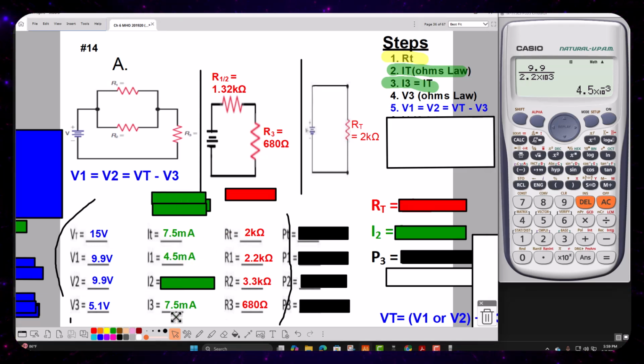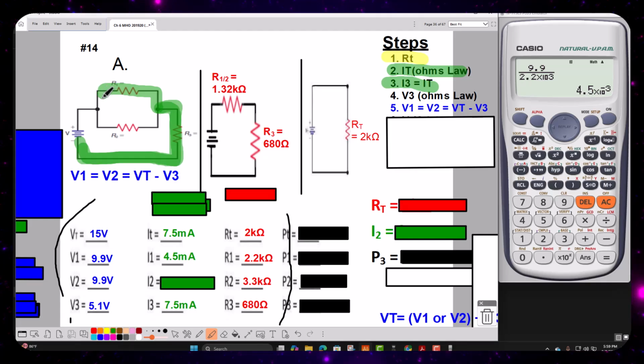So if we look at the current flow through this circuit, from here to here, I'm going to have 7.5 milliamps in this part of my circuit. Now I just calculated that 4.5 milliamps is going to go this way. Well, if 7.5 came to this point and 4.5 went up here, how much must be left over to go down here? It would have to be 3 milliamps.